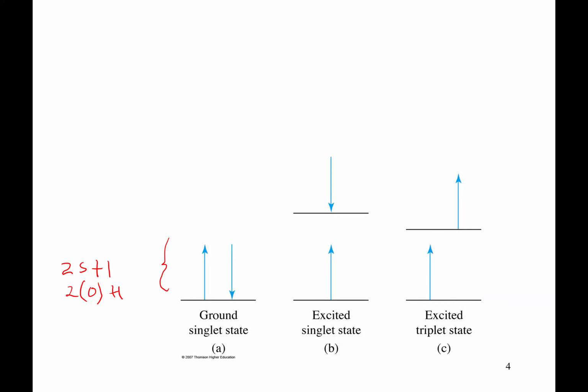Here, notice, if you excite one of the electrons to an excited state, you leave one electron in the ground state, or you can excite both of them. And one of them has spin up, one of them has spin down. So you have here plus a half, and that's minus. Let's make it clear it's a minus.